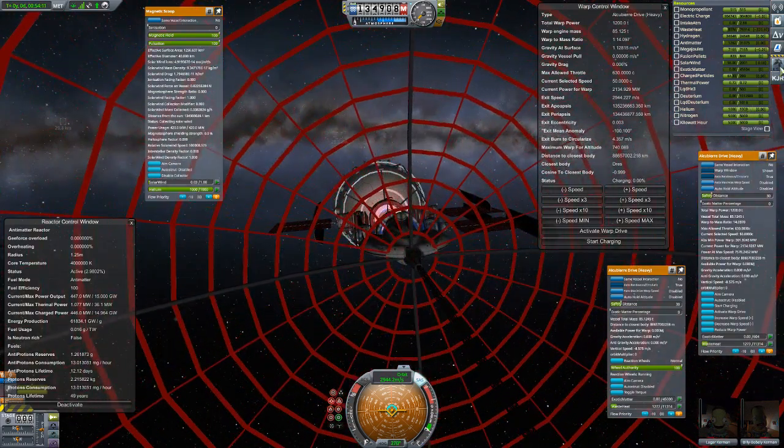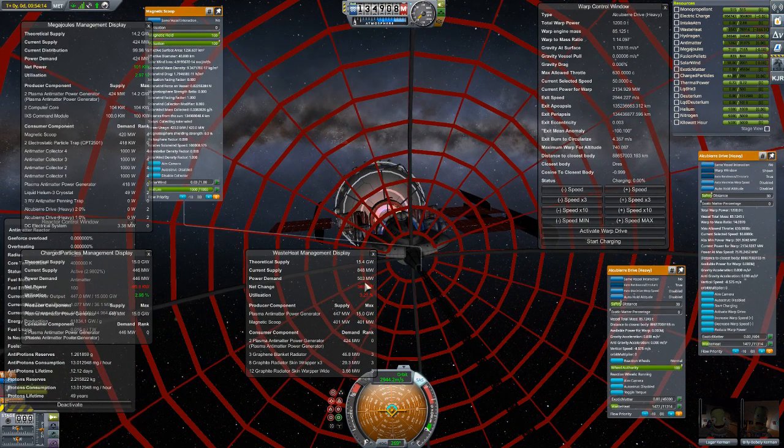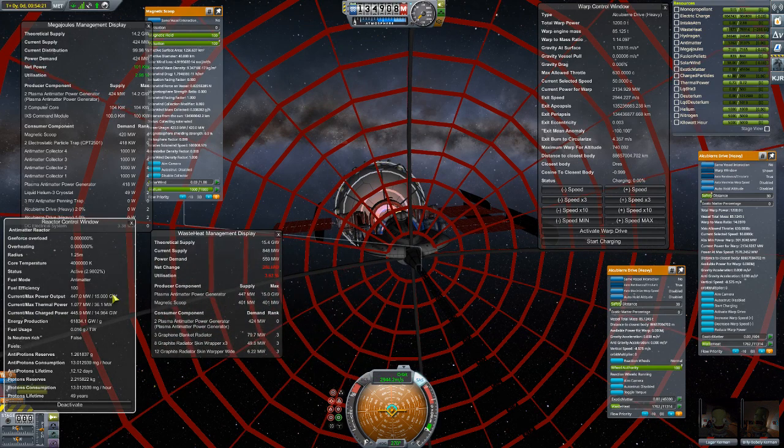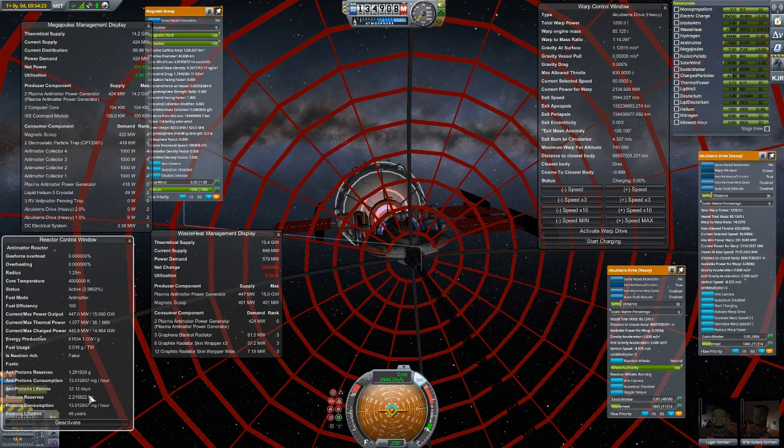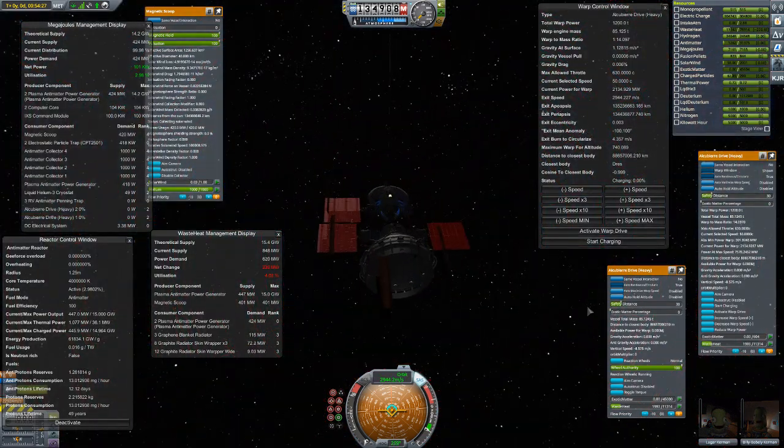Silliness. Still producing power comfortably. Not a lot of thermal dissipation to be had in this instance, but we can still sit out here for about 12 days. So we're good.